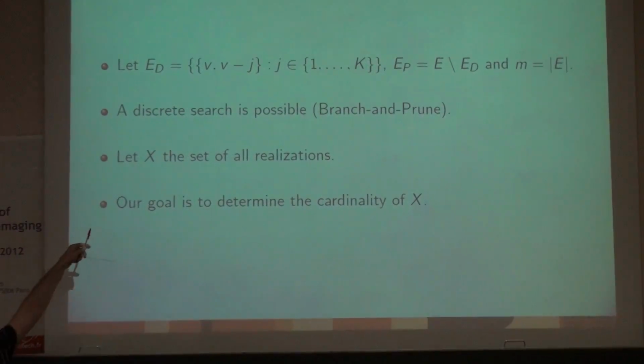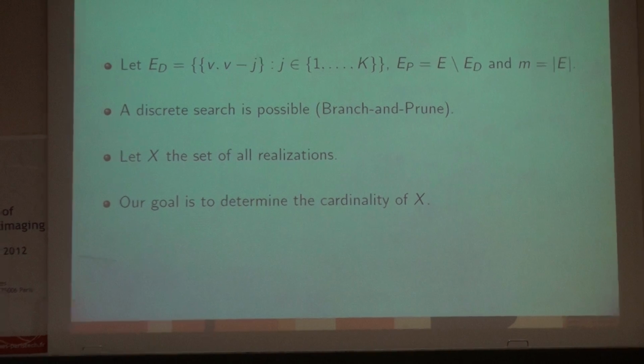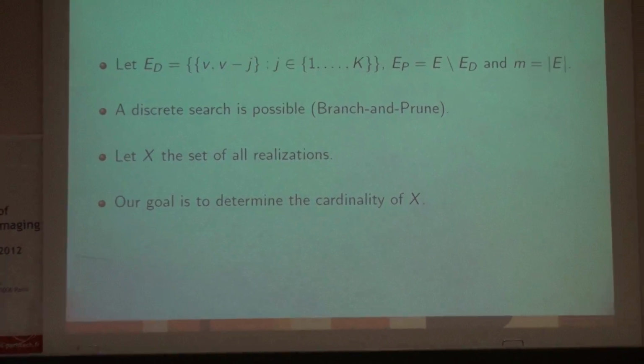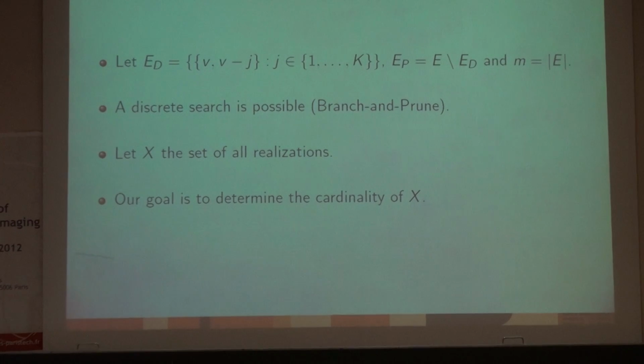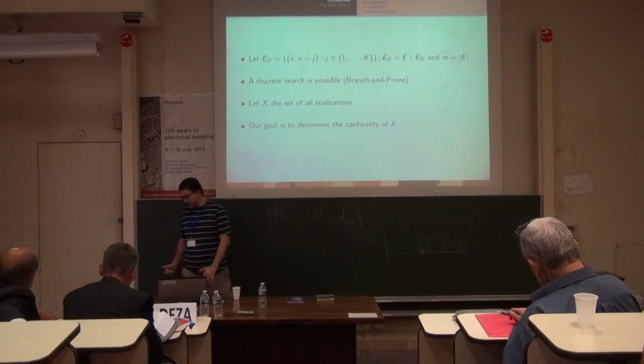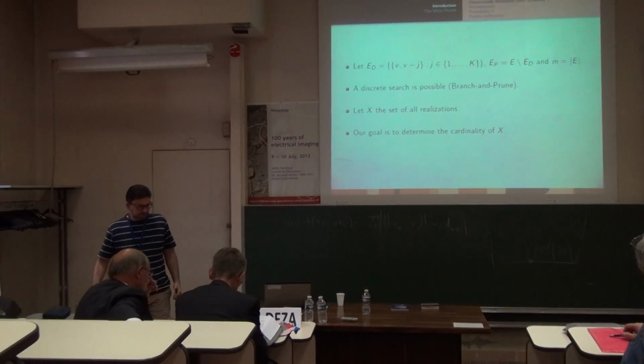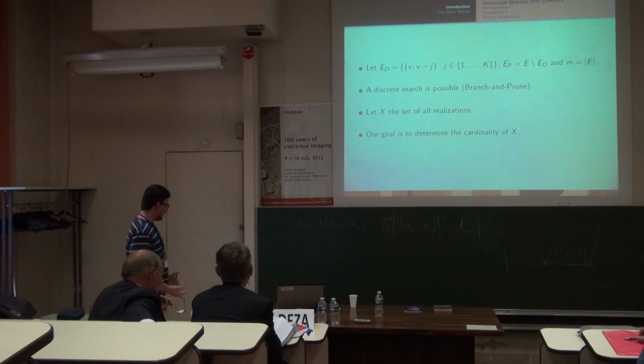So let's call X the set of solutions, and we are interested in counting the number of solutions of the DMDGP problem. So why is it important to determine the cardinality of the set of solutions? First, suppose we have an instance associated to some protein, and we are talking to a chemist interested in that protein.